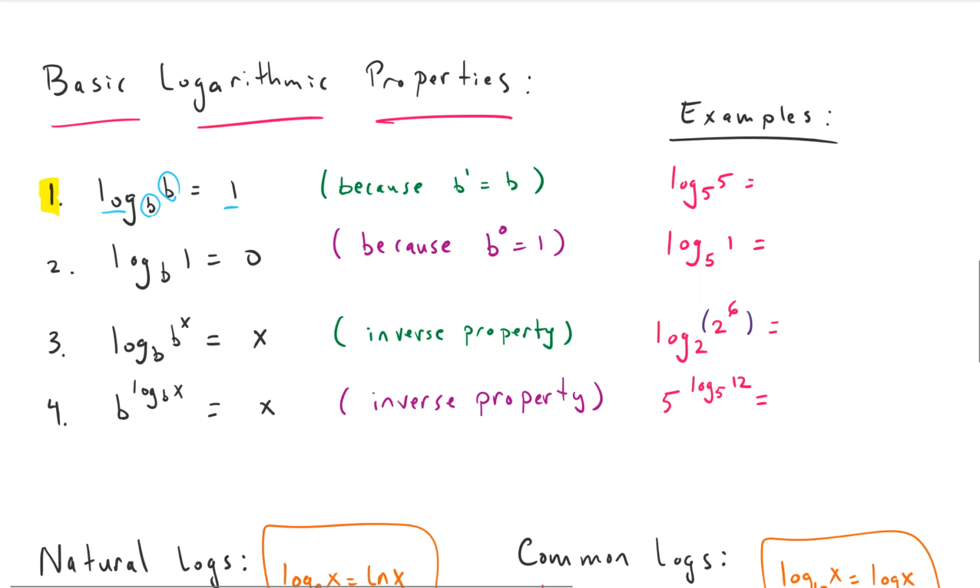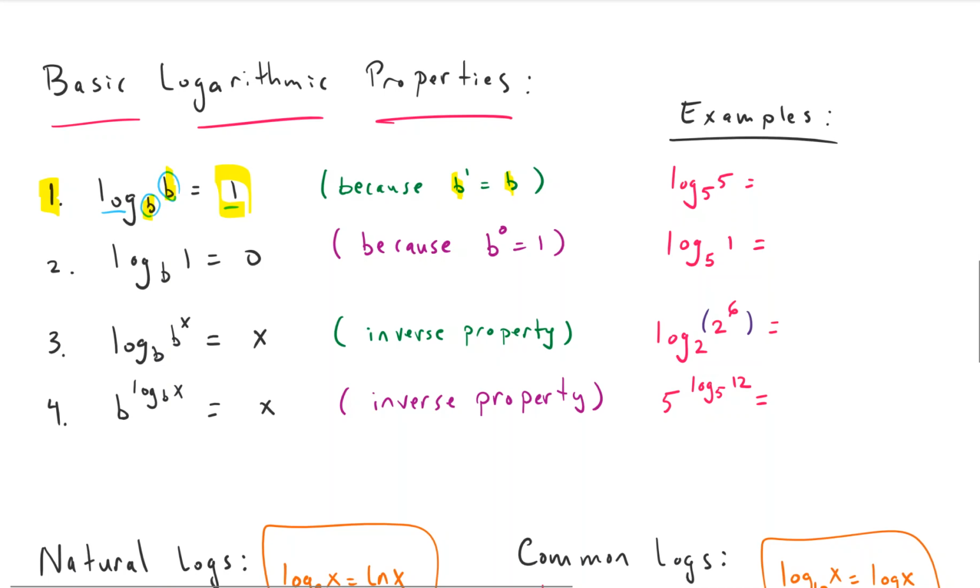We know this is true because when we evaluate a log, really what it's asking is, what do I have to raise this base to get the input? So because b to the first power is b, the result is just 1. So this seems kind of obvious to us.